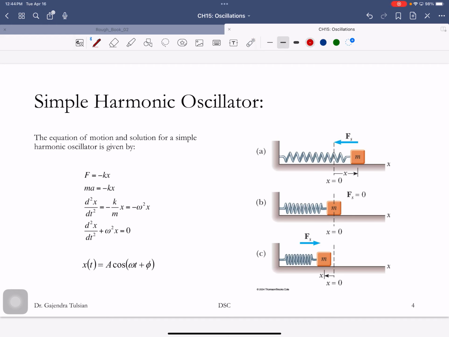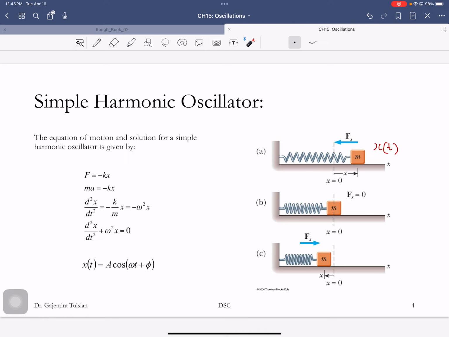What you want to know is what the position of this mass will be as a function of time. So this is giving you the configuration of the system as a function of time, meaning how it will evolve.